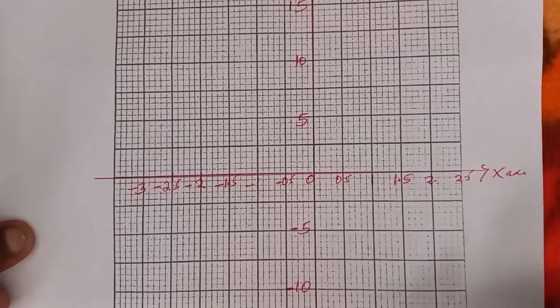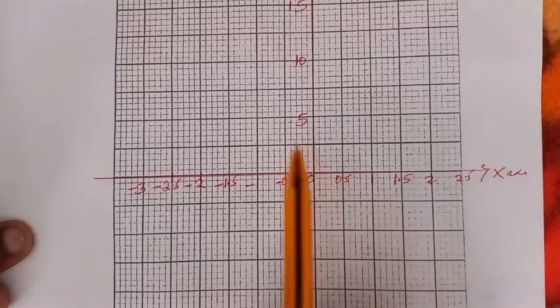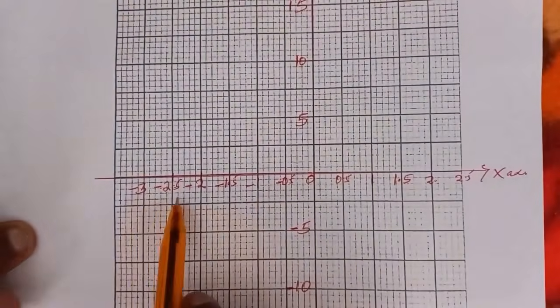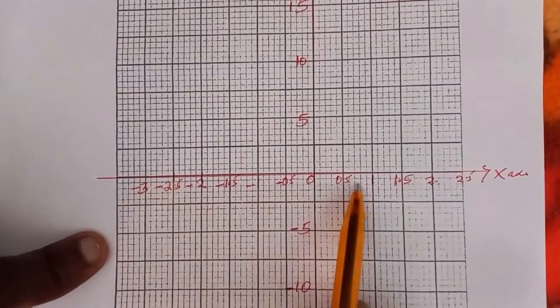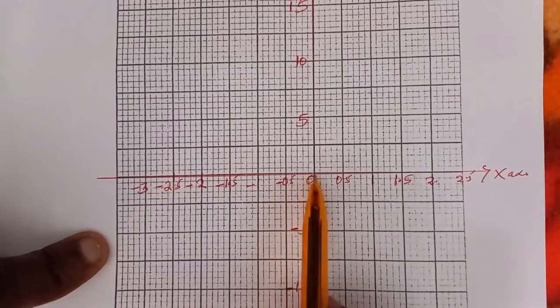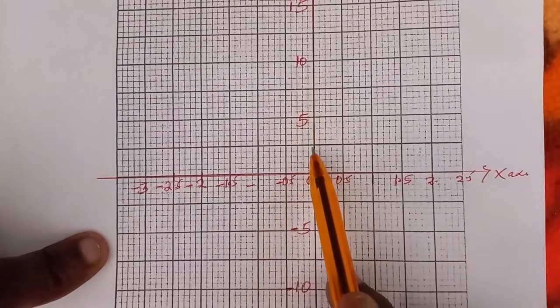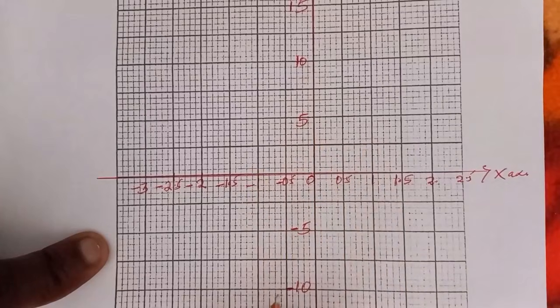So let us plot. The first point is negative 2.5, 1.5. It is good to know on the x-axis the size of one small square is 0.1. For the y-axis, one small square is 0.5. So you're plotting the first one, negative 2.5, 1.5.